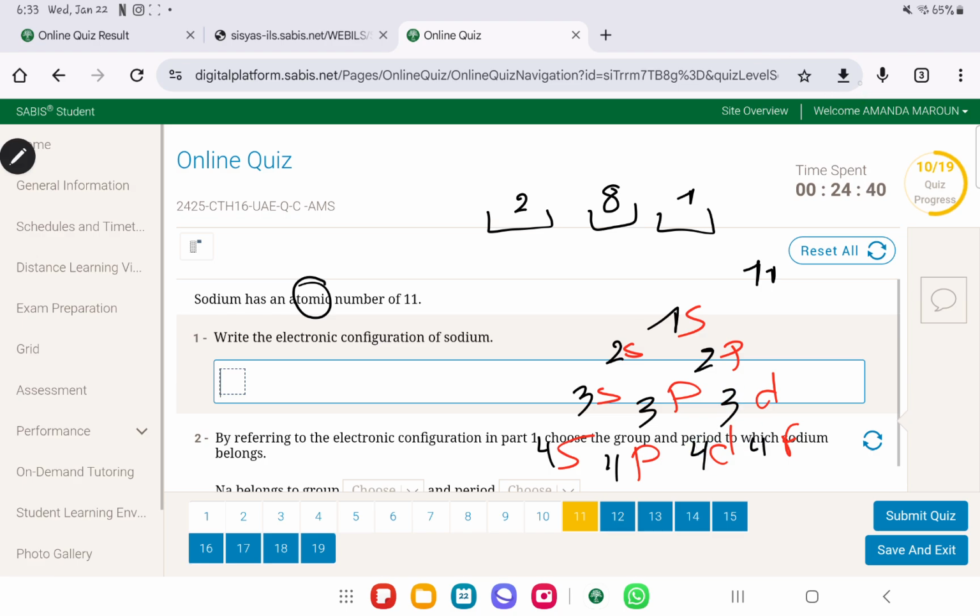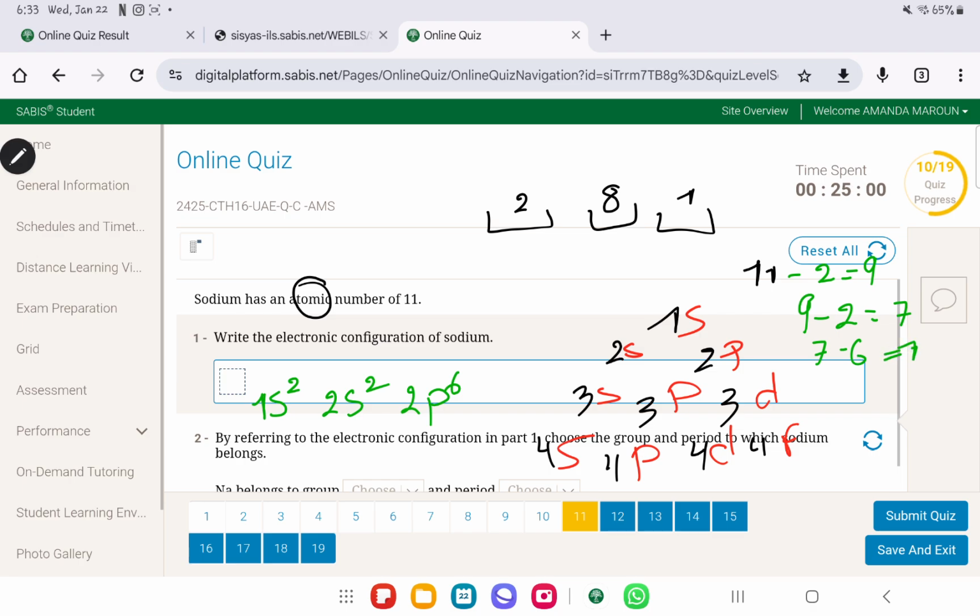First thing we start with is 1s to the power of 2. 11 minus 2, 9. Then 2s to the power of 2. 9 minus 2, 7. Then we have 2p to the power of 6. It is 7 minus 6, which is 1.